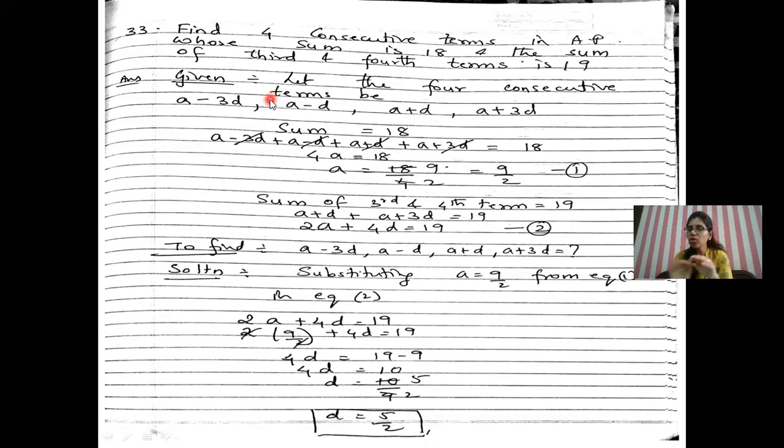So for 4 terms: A minus D, A plus D, A minus 3D, A plus 3D. So odd multiples of D you are going to take. Just remember it like that.